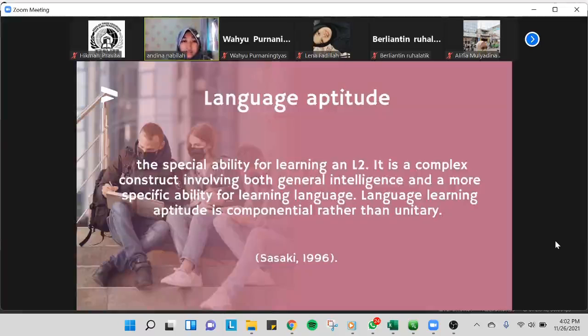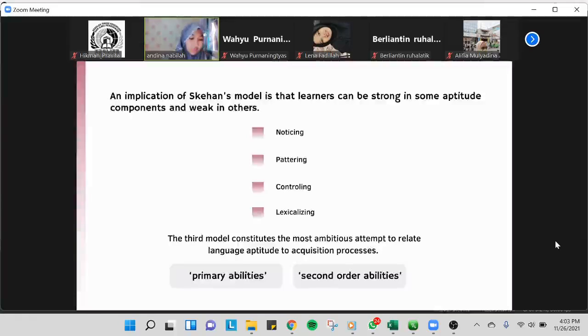Next is another subtitle in this discussion, language aptitude. Language aptitude is the special ability for learning an L2. It is a complex construct involving both general intelligence and the more specific ability for learning language. Language learning aptitude is componential rather than unitary, according to Sasaki in 1996. An implication of the third model is that learners can be strong in some aptitude components and weak in others. For example, the first is noticing and patterning, the third is controlling, and the last is lexicalizing.